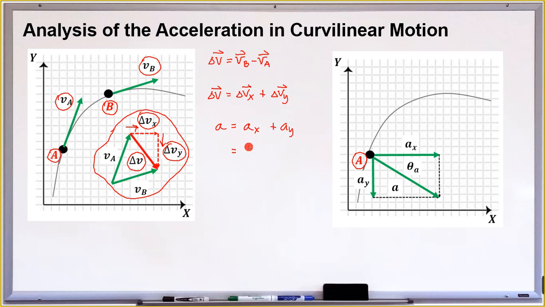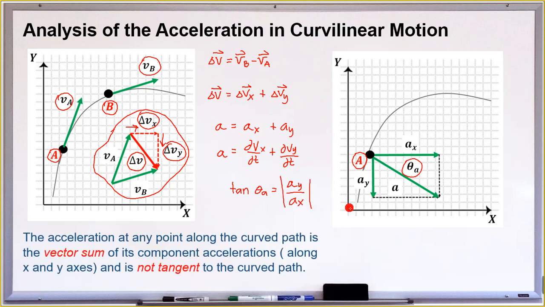So that is the derivative of the velocity along x with respect to time, plus the derivative of the velocity along y with respect to time. So that is the total acceleration. To find the angle between these two components of the acceleration, let's represent that one as theta a. So tangent theta a is equal to ay over ax.